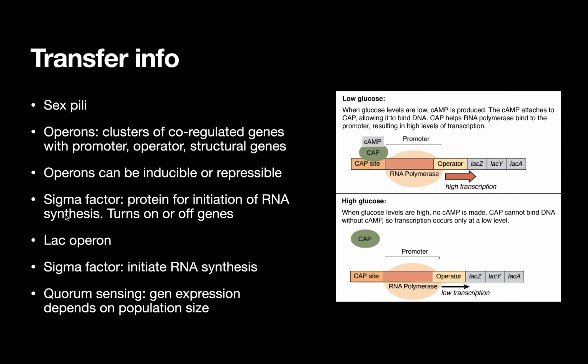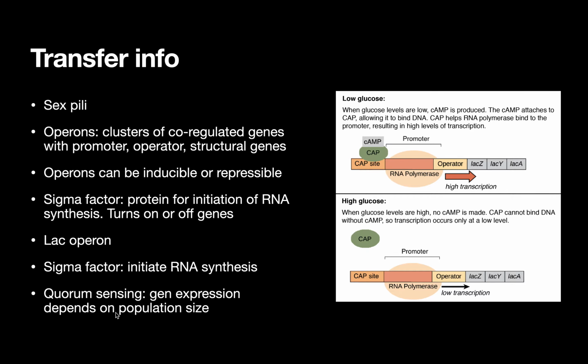There's something called a sigma factor, the protein for the initiation of RNA synthesis, which turns the gene on or off. So this will code for whether the bacteria needs the bacterial proteins or not. The sigma factor will initiate the RNA synthesis for the bacterial products.